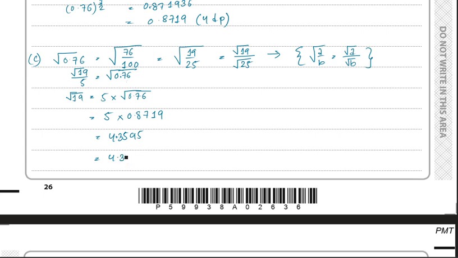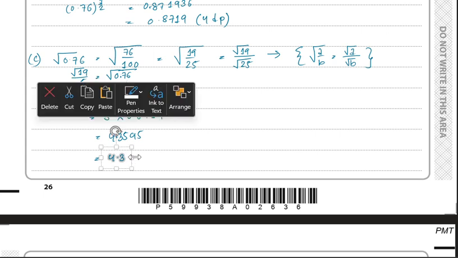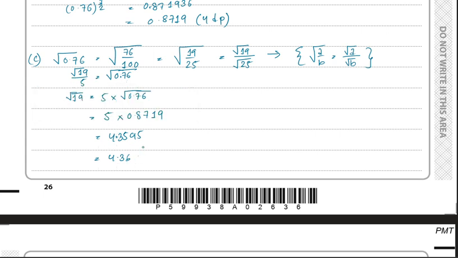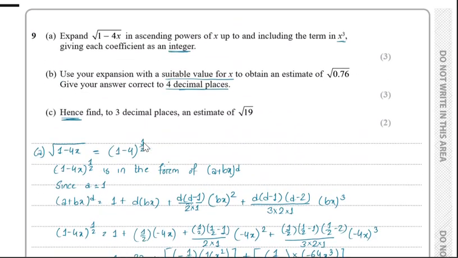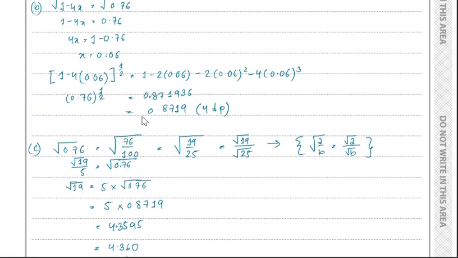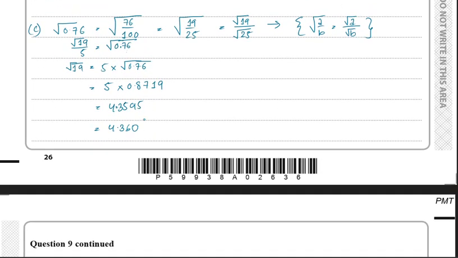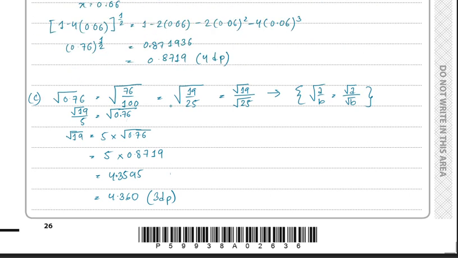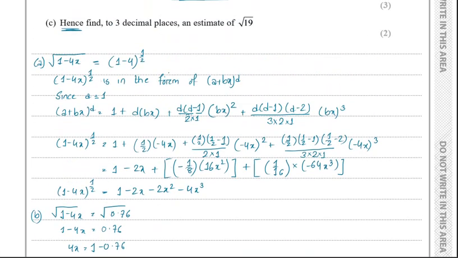So the 5 would actually become 0, and the 9 carries over. To 3 decimal places it would be 4.360. So that's it for this question. So it's 3 dp. So thank you.